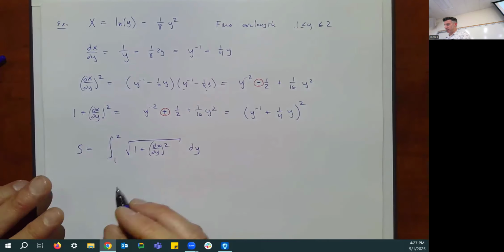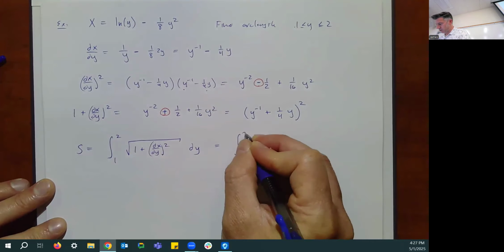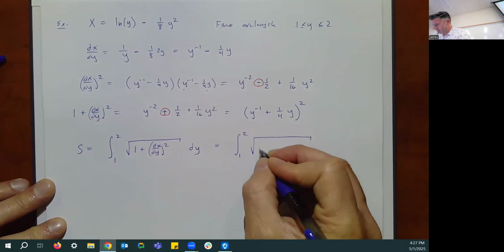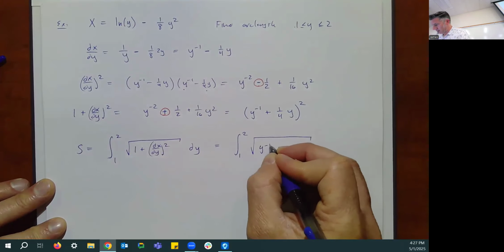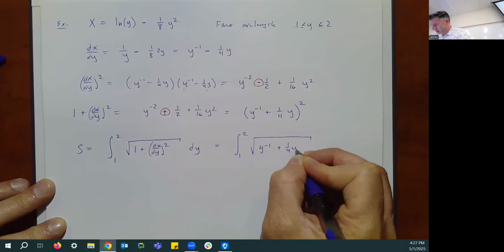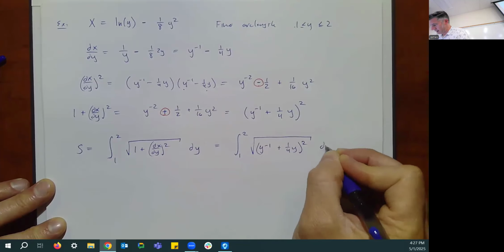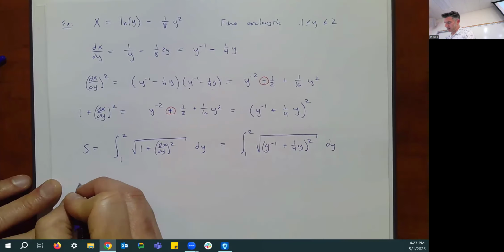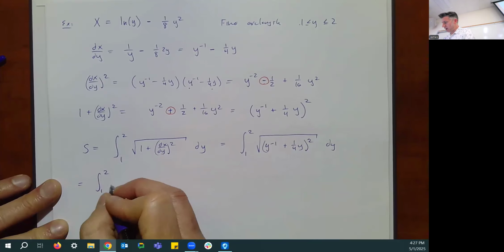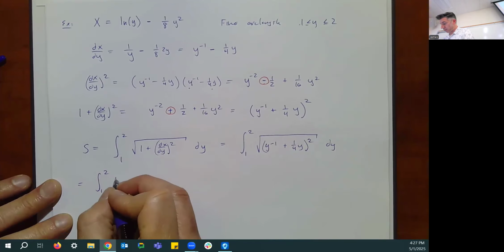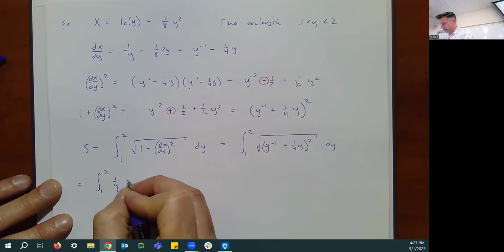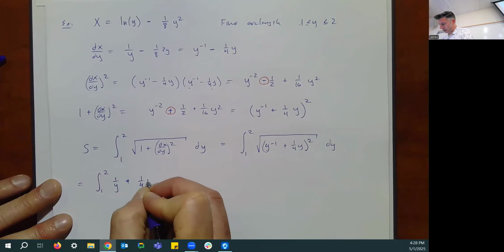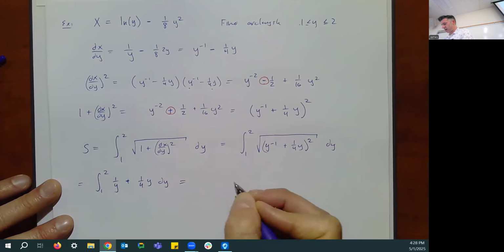But now we can simply say that that's going to be the integral from 1 to 2 of the square root of y to the negative 1 plus 1/4 y, squared dy. Square root and square undo each other. So we get the integral from 1 to 2 of y to the negative 1, or 1 over y, plus 1/4 y dy.